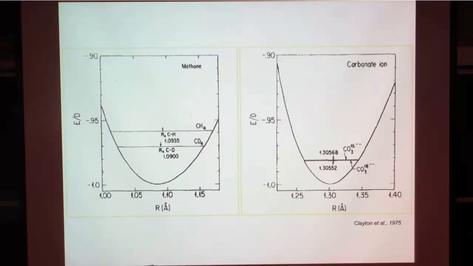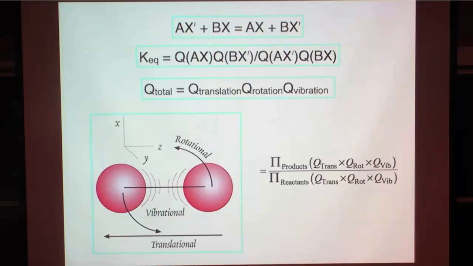So you can imagine as the isotopes get heavier and heavier, this difference gets smaller and smaller. And this is one of the reasons that people have always focused on the lightest elements, because the differences are larger. Okay, so that was the big picture graphical way of looking at it.